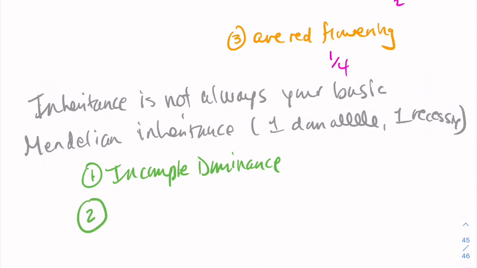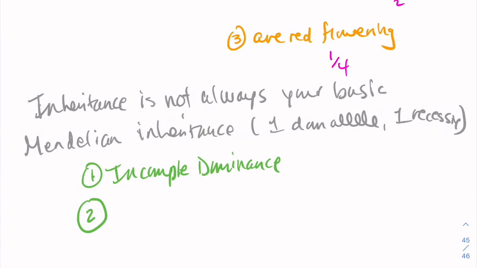For example, there is another type of inheritance where it's way more complicated than tall peas, short peas, that sort of thing. And that would be, for an example, human eye color. All right, human eye color is not always the easiest thing to predict. And that is because eye color is controlled by more than one gene.